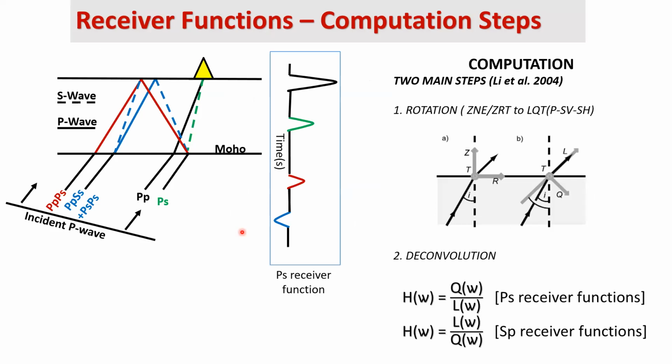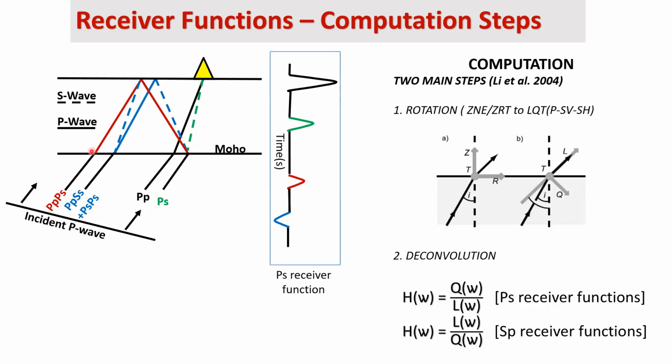If we talk about the receiver function definition, receiver functions are considered as the time series computed from a three-component seismogram, and they are used to show the relative response of the Earth structure near the receiver. This is the same diagram I am showing here, where you have the incident P-wave energy coming from a teleseismic distance, because we are considering the plane wave approximation.